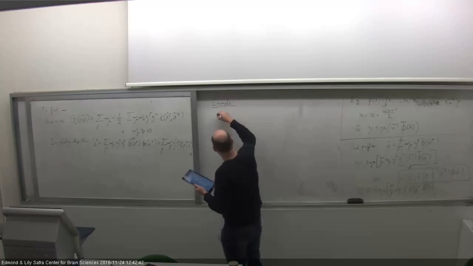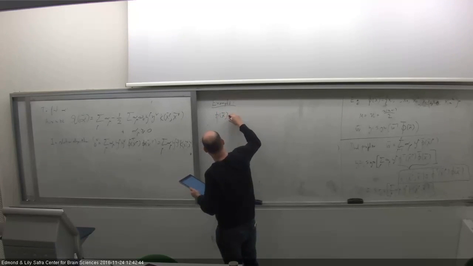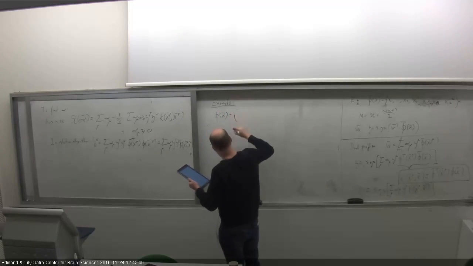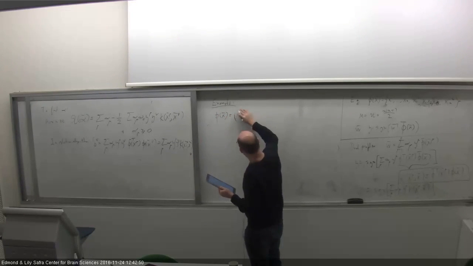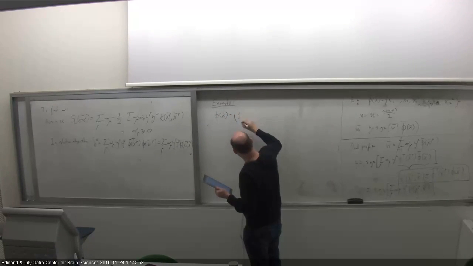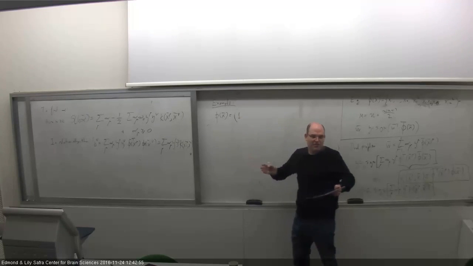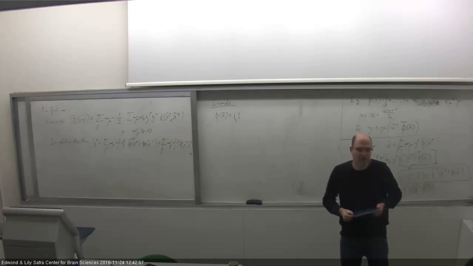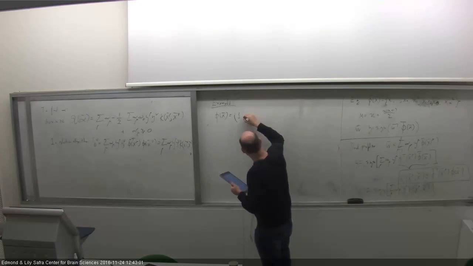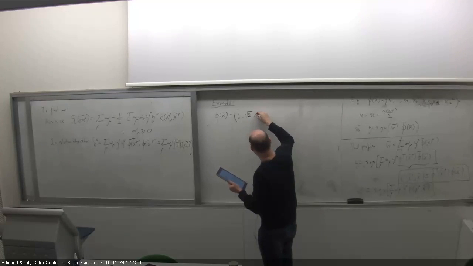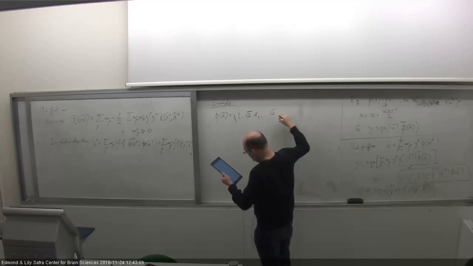So imagine that phi of x is the following vector. I will have one entry which will always be 1. That's a nonlinear function of the coordinates. And then I will have the other elements, which will be just the elements of x times the square root of 2, which I'm writing here for convenience.